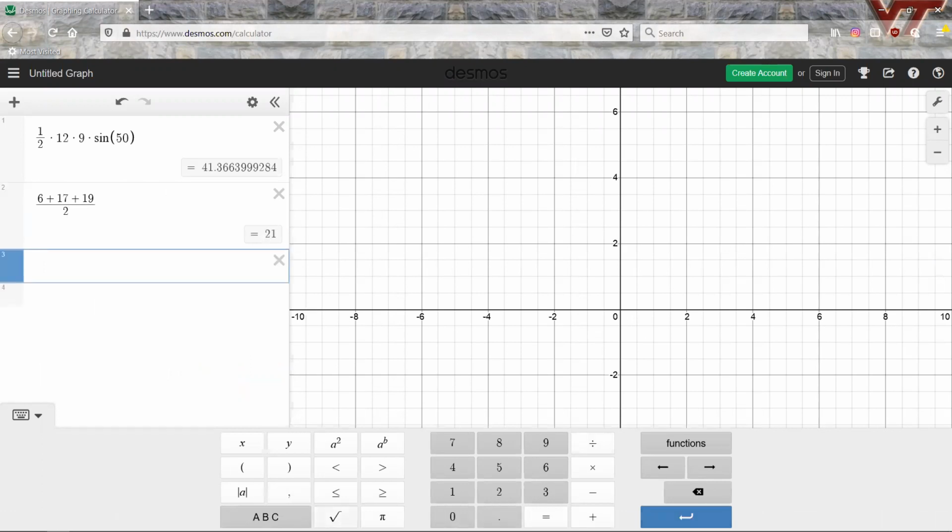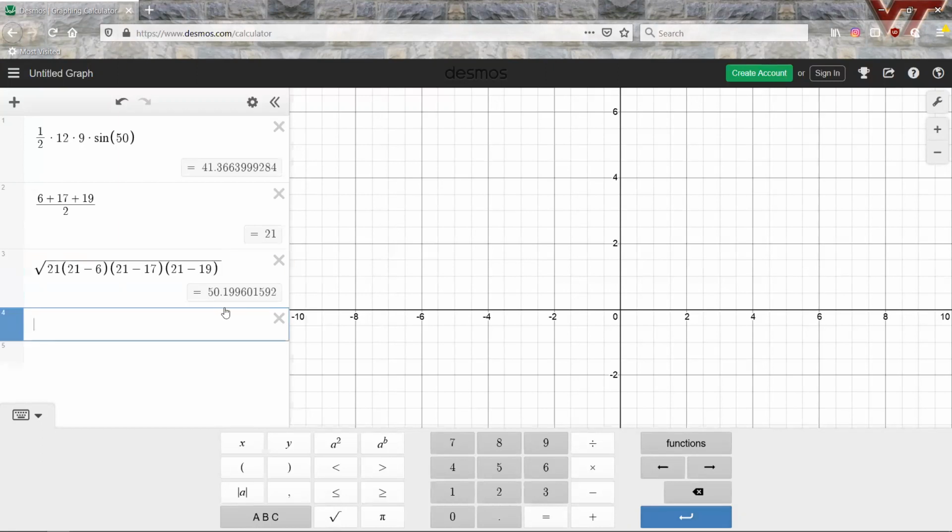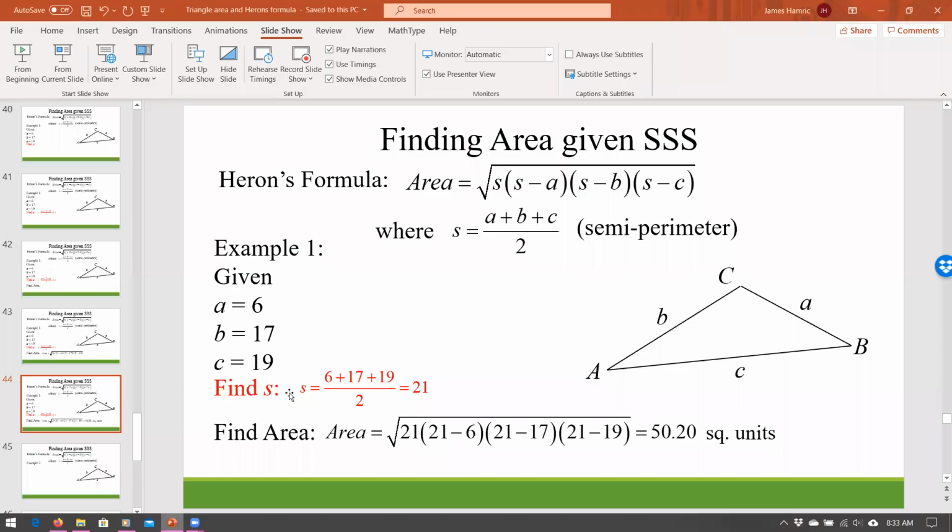And then to find the area, square root of 21 times 21 minus 6, and then 21 minus 17, and then 21 minus 19, and you just hit enter and you see what the answer is. I rounded that up to 50.20 instead of 50.199, and that's what that answer is. Okay, so that's where we get the area for that.